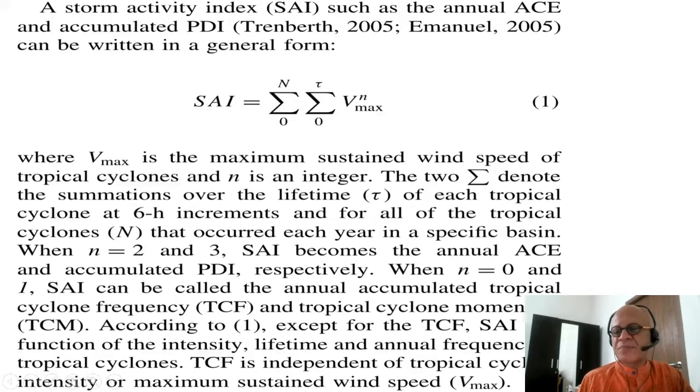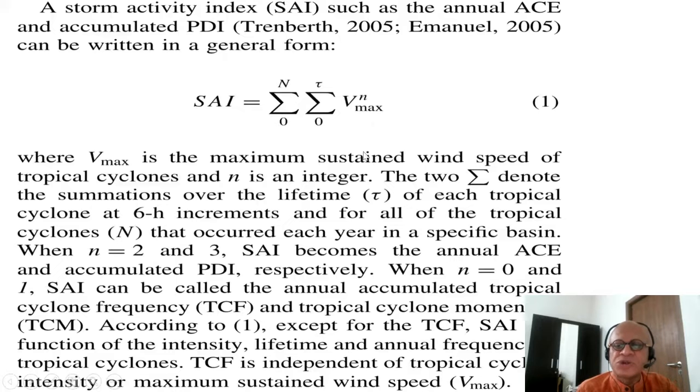So this is from a paper from Bin Wang's group, which we will use to just summarize the power dissipation index. A storm activity index, SAI, such as the annual ACE, accumulated cyclone energy, and accumulated power dissipation index, can be written in a general form. SAI is the sum over 0 to N, sum over 0 to tau, of Vmax^n, where Vmax is the maximum sustained wind speed of tropical cyclones.